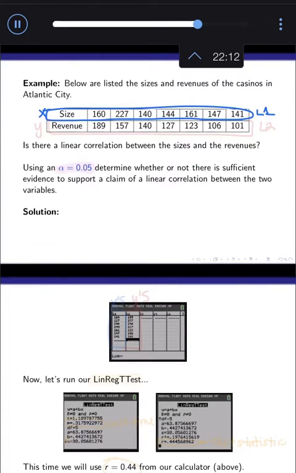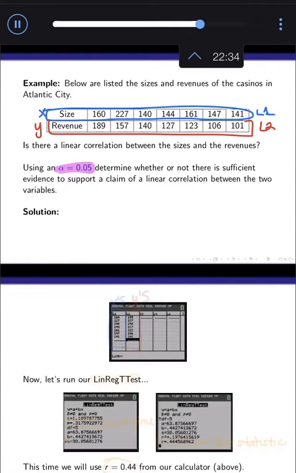We'll still have our Y's as our revenue, that will be our list 2 in our calculator. And we still also have our alpha of 0.05 to make up our critical values to make up our rejection region.